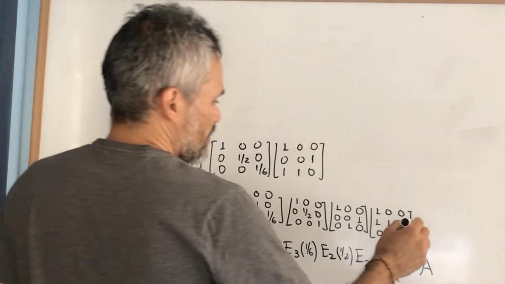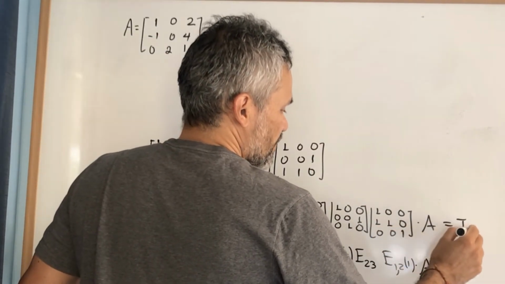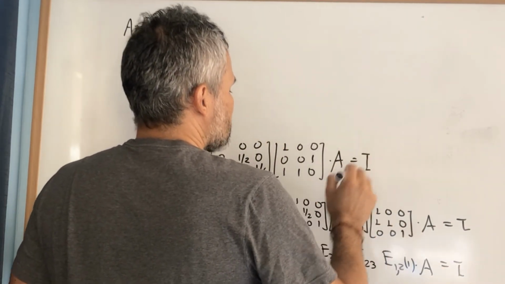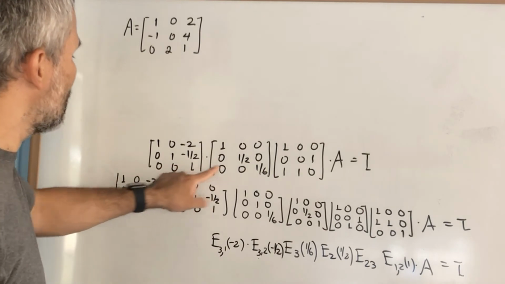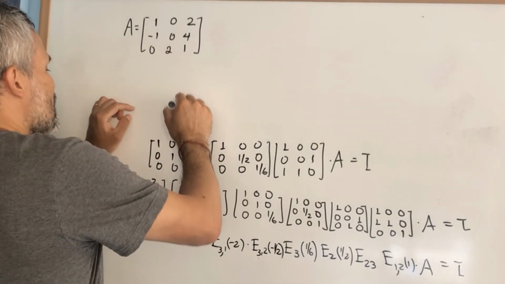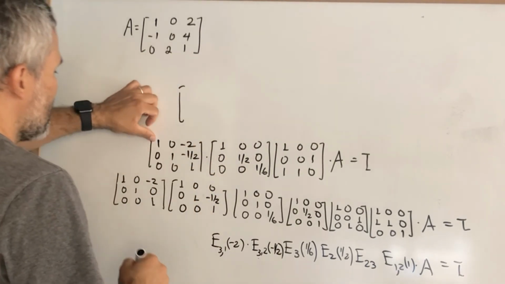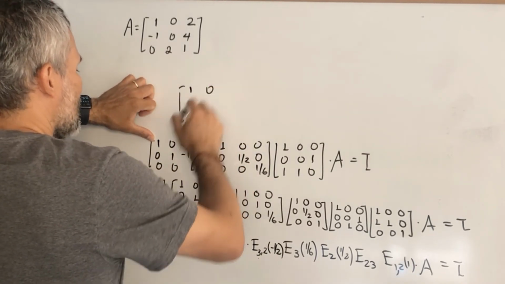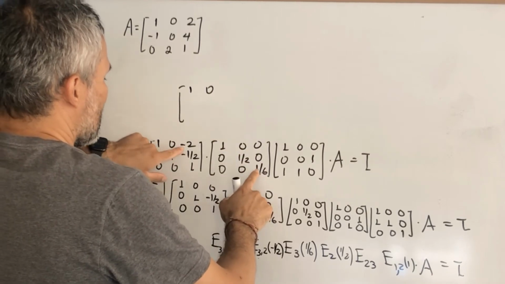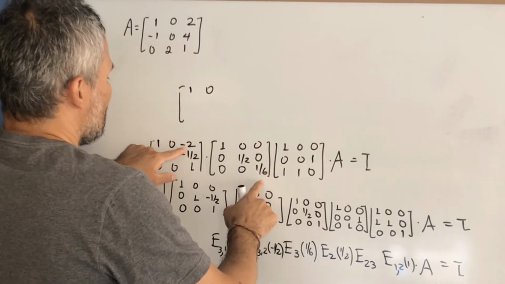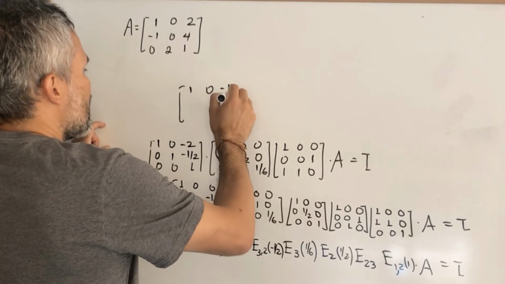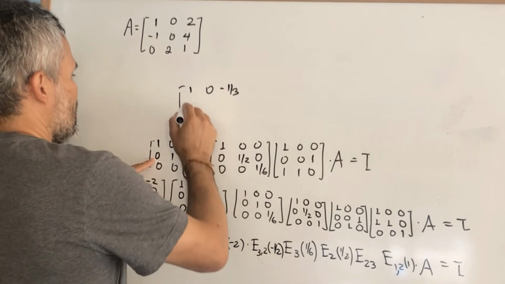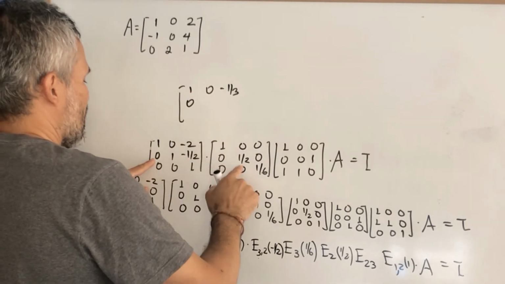And we know that all of these times A give us the identity matrix. Let's do the product of these two. The product of these two would be 1, 0. Here we have 0 plus 0 minus 1/3. Here we get 0. We get 1/2.